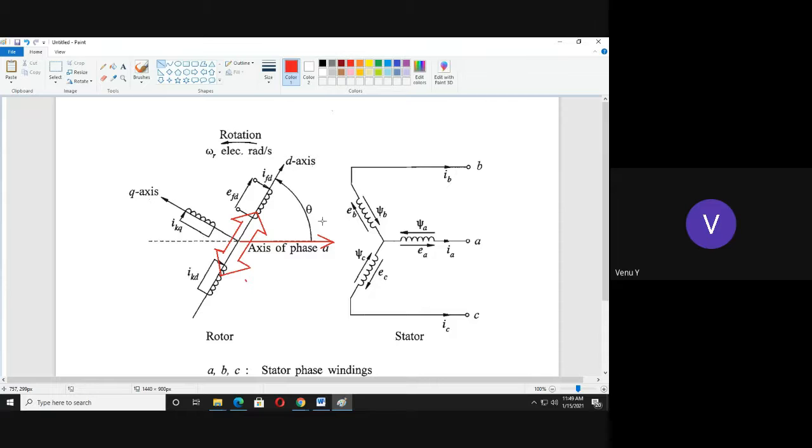In some books, the quadrature axis will be taken as 90 degrees lagging behind the d-axis. In that case, 90 minus theta will be the angle between phase A and q axis. But we will take this notation from Kundur. Ultimately, the result will be the same. Equations will be the same.